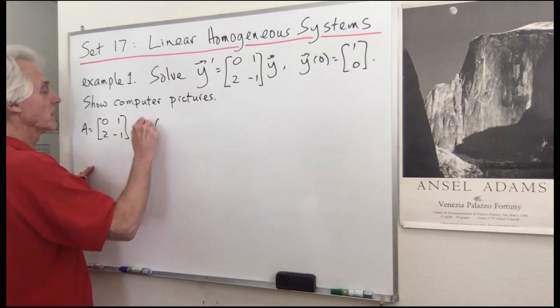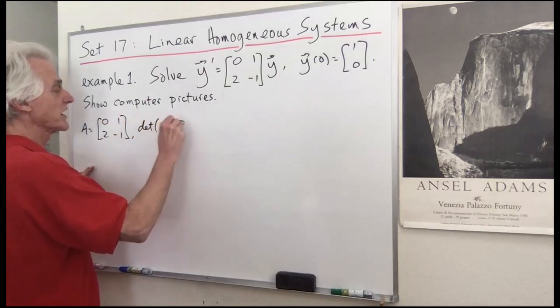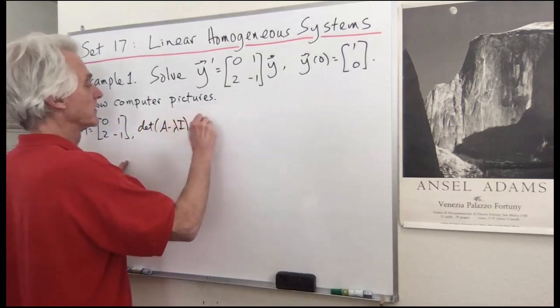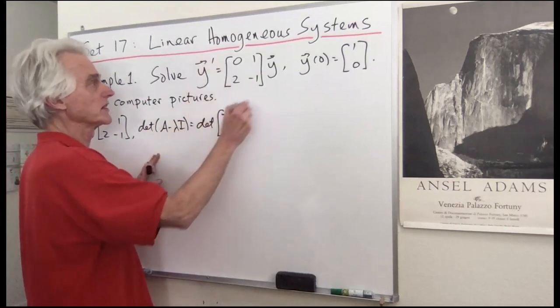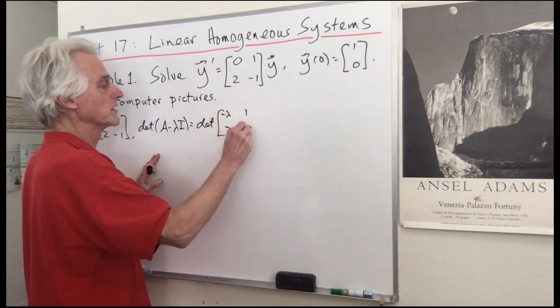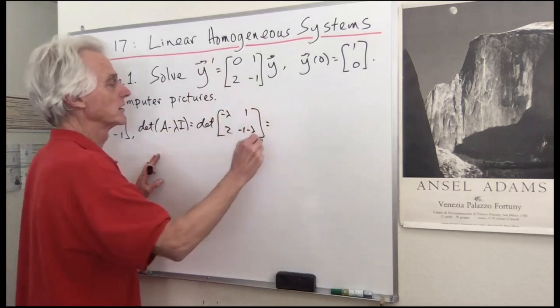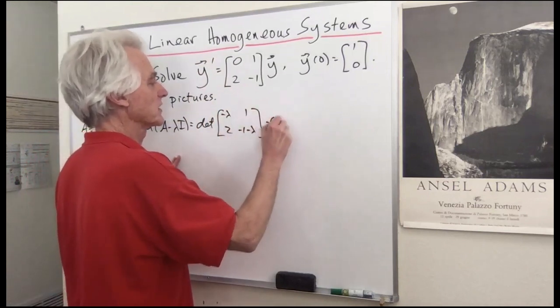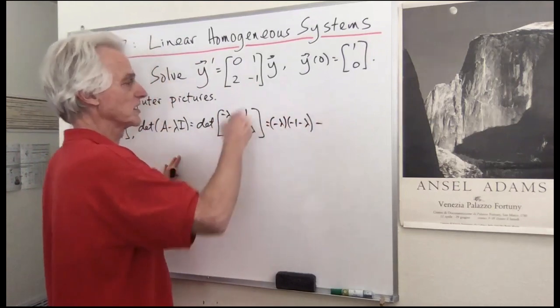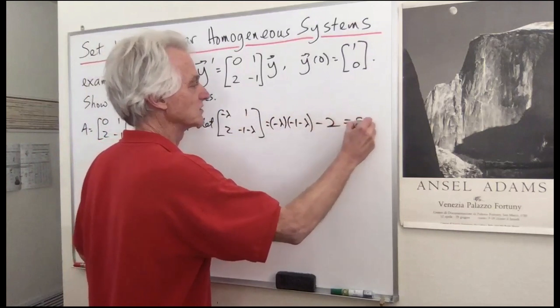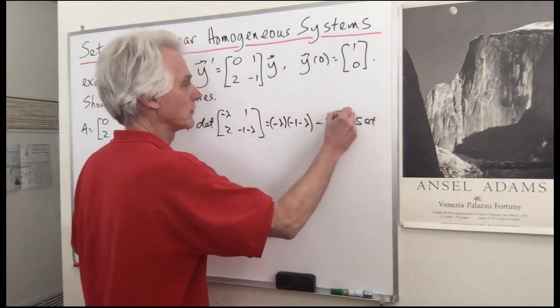And the determinant of A minus lambda I is the determinant of subtracting lambda from the diagonal: minus lambda, 1, 2, minus 1 minus lambda. So that's minus lambda times negative 1 minus lambda, minus 2. And I'm going to set that equal to 0.